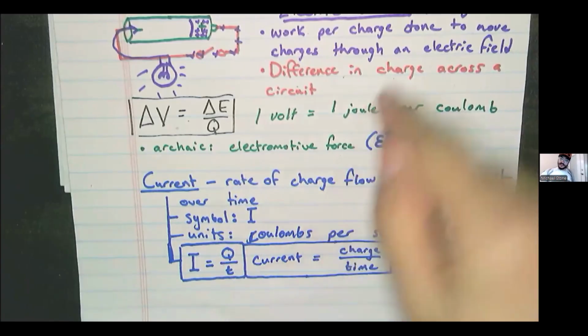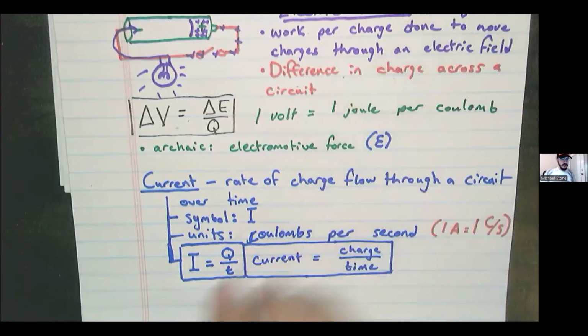Now, in experimenting with voltage and current, you will find what Georg Ohm found. Georg Ohm, with a name like that, you can tell he is a German physicist, Georg being the German equivalent of the name George. But in his experimentation with what was then called electromotive force and current, Ohm found a linear relationship.